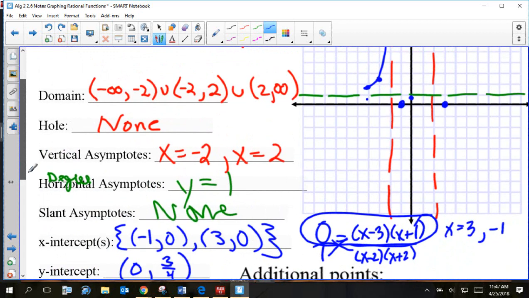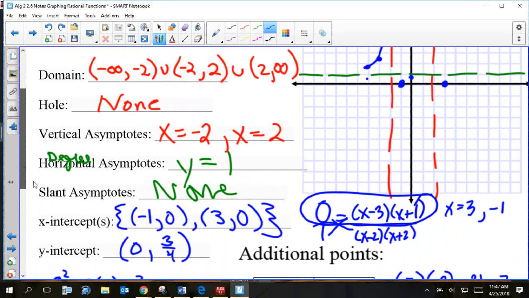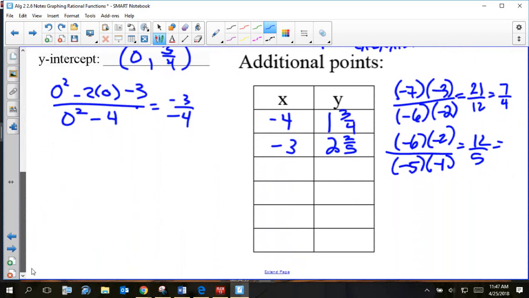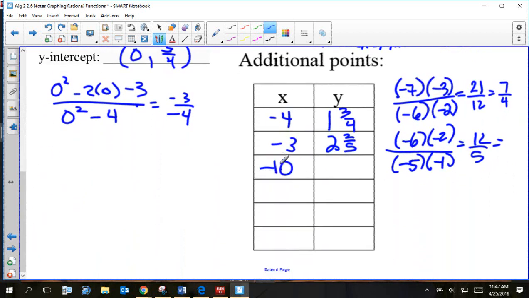Did anybody plug in a big number, like -10 or something? Nobody did? Okay, let's do -10. I haven't tried that one yet. Oh no, that's a horrible number. Might have to use a calculator if I chose that one, huh?